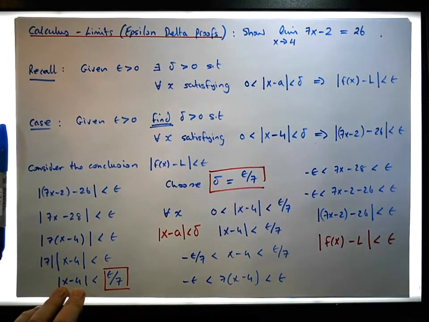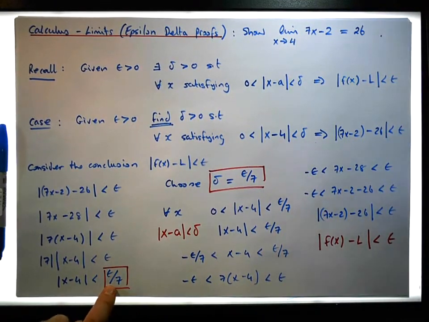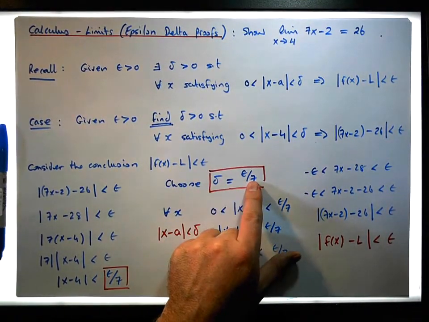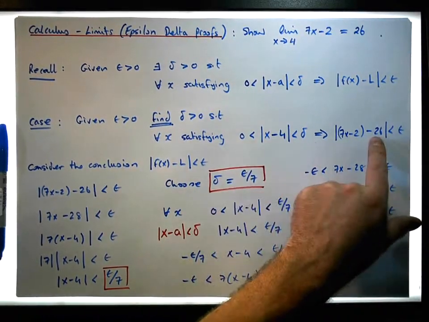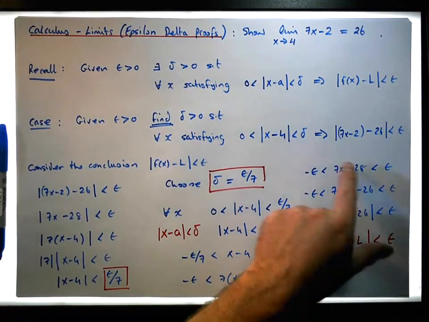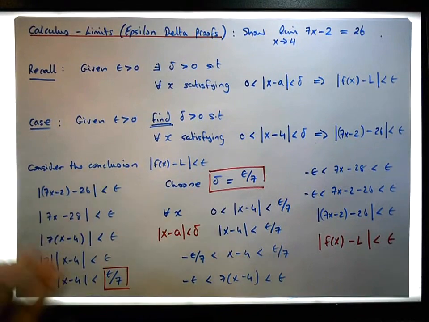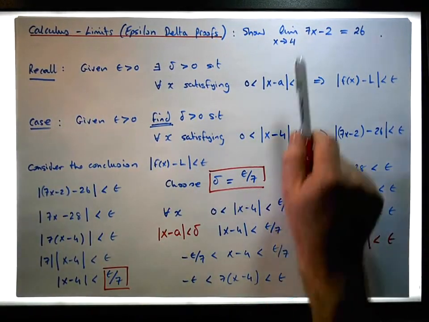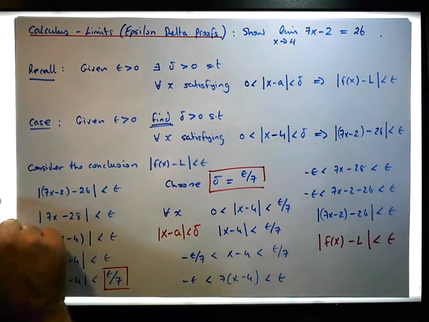With delta equal to epsilon over 7, we worked the premise through to see if we could get the conclusion, and we end up with the conclusion. So we've just shown by definition that the limit of 7x minus 2 as x tends to 4 is in fact equal to 26.